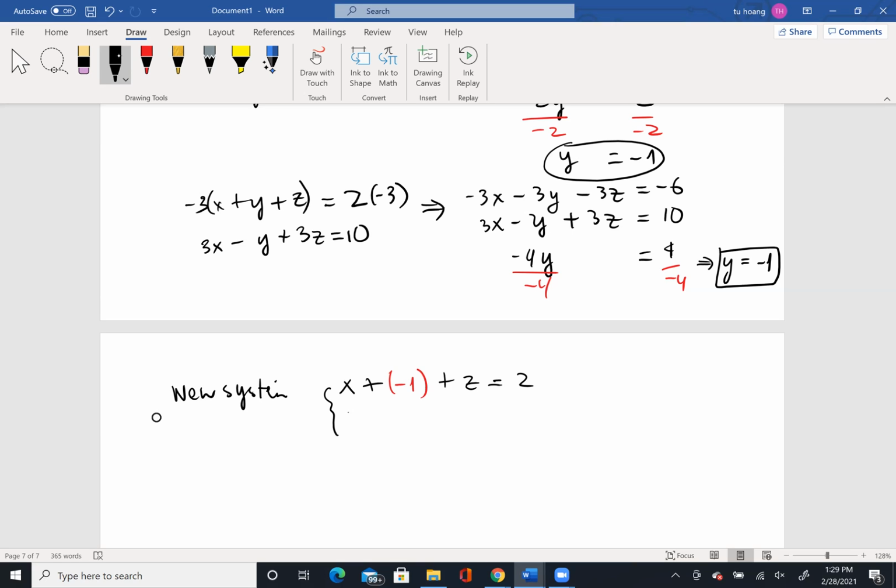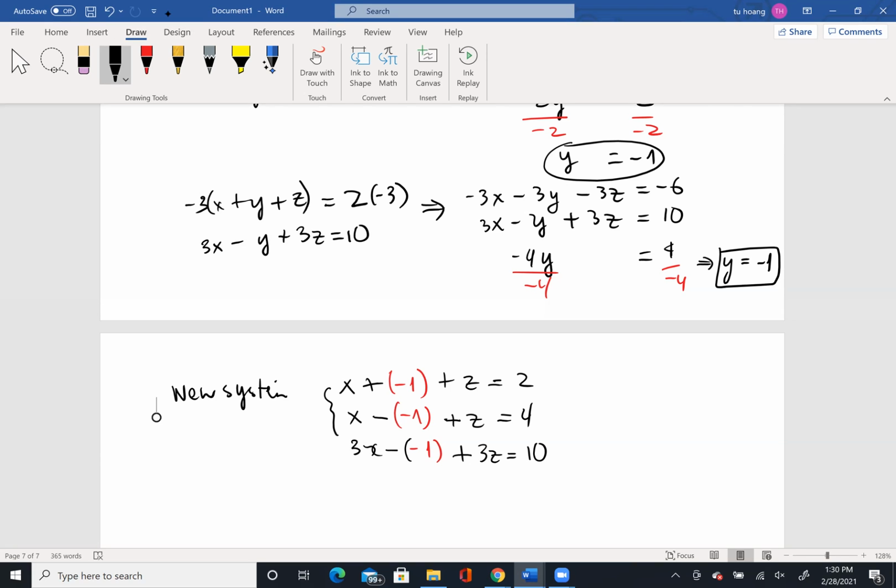And you also have x minus y, now we can make it 1, plus z equal to 4. And the last one is 3x minus -1 and plus 3z equal to 10.